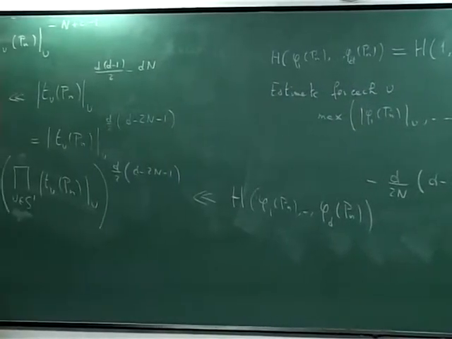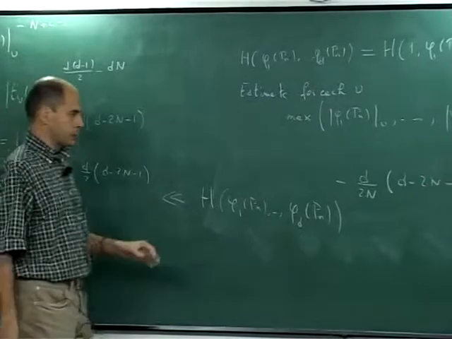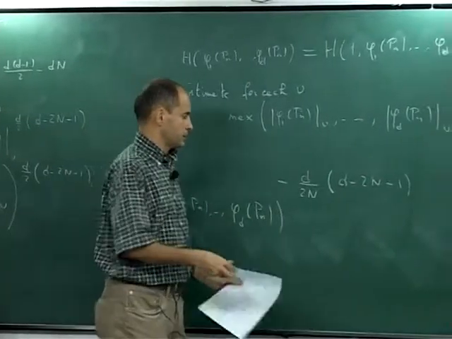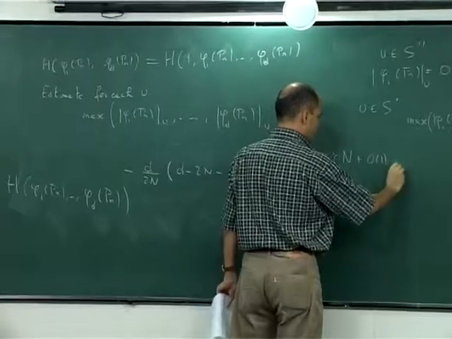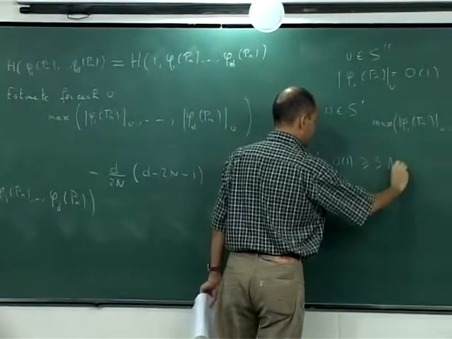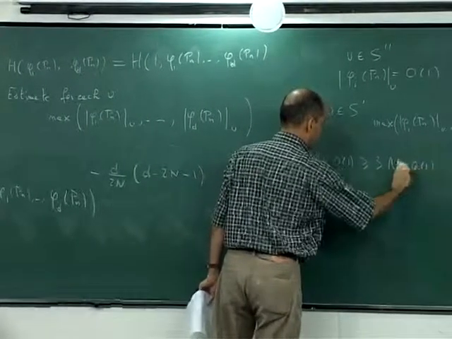And now I just need that d is at least 3 times n plus big O of 1.